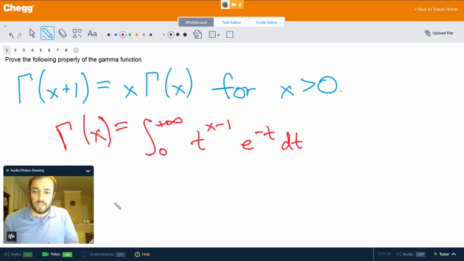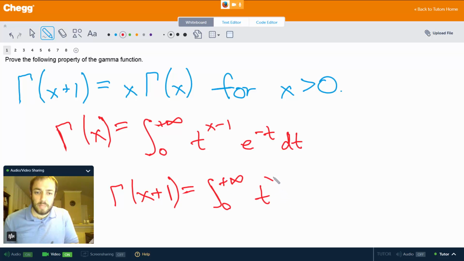Okay, so what that means is that gamma of x plus 1 then is going to be the integral from 0 to positive infinity of t to the x plus 1 minus 1, because here we have x, and this is x plus 1. Okay. But x plus 1 minus 1 simplifies to just plain old x, so we're just going to have that. And then we still have our e to the minus t dt right here.